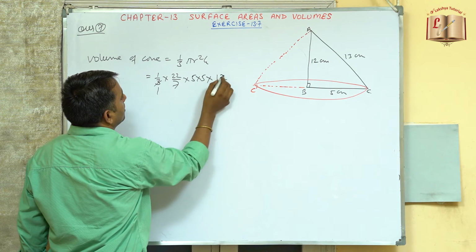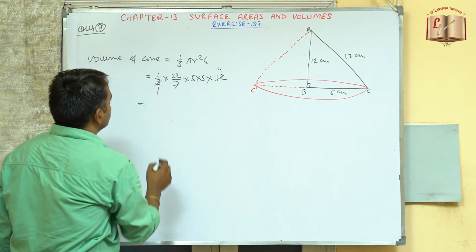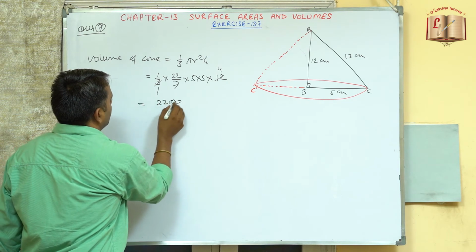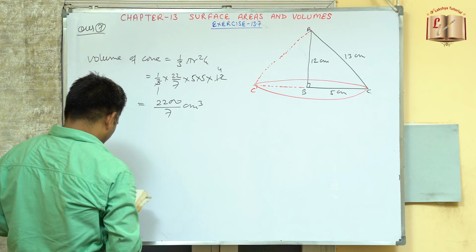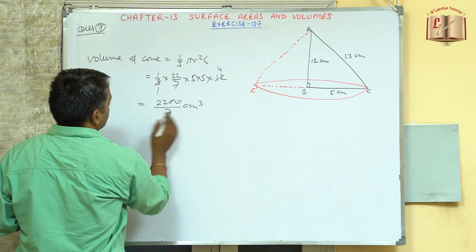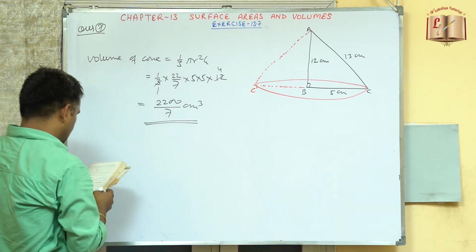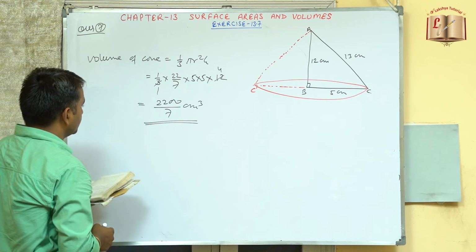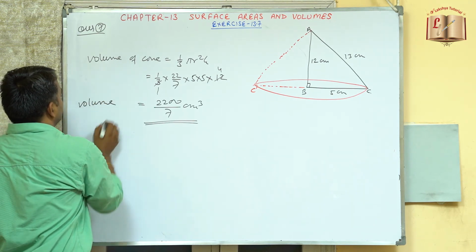So this can be calculated as, so this will be equals to 2200 by 7 centimeter cube. So this is now the capacity 2200 centimeter cube. We can write this as volume.